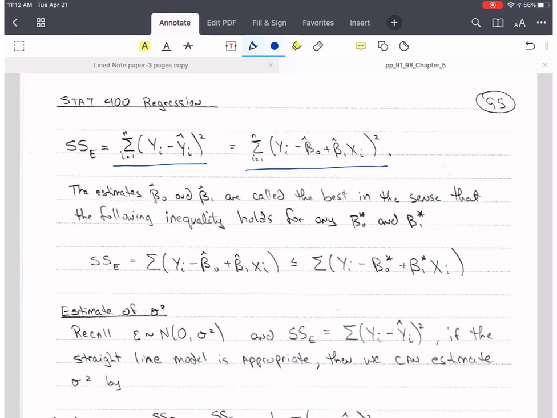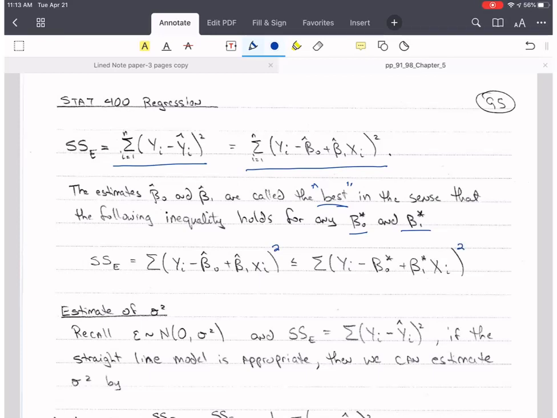The estimates beta naught hat and beta 1 hat are called the best in the sense that the following inequality holds for any estimators we would choose. We're using a star here, so beta naught star and beta 1 star are any estimators we could come up with for beta naught and beta 1. I'm sorry, I missed the square here; there has to be a square.